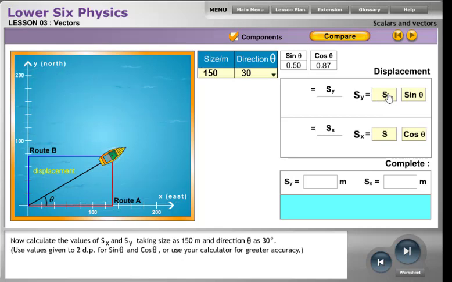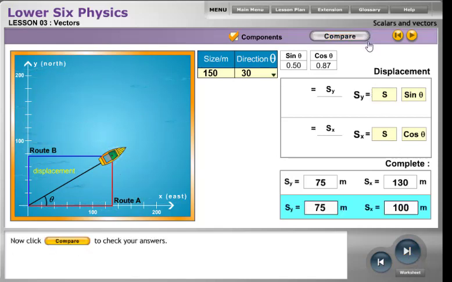Use values given to 2 decimal places for sin theta and cos theta, or use your calculator for greater accuracy. Now click Compare to check your answers.